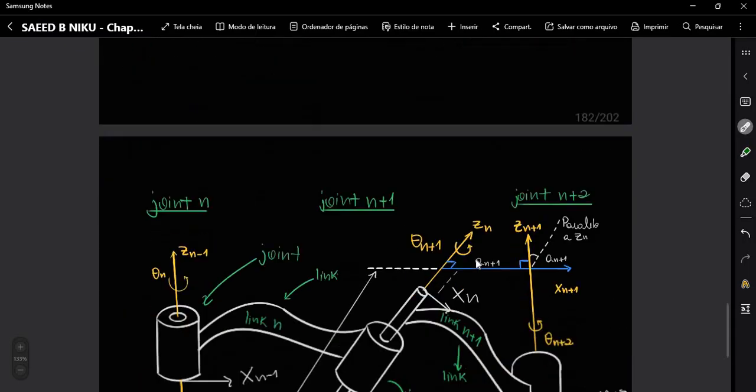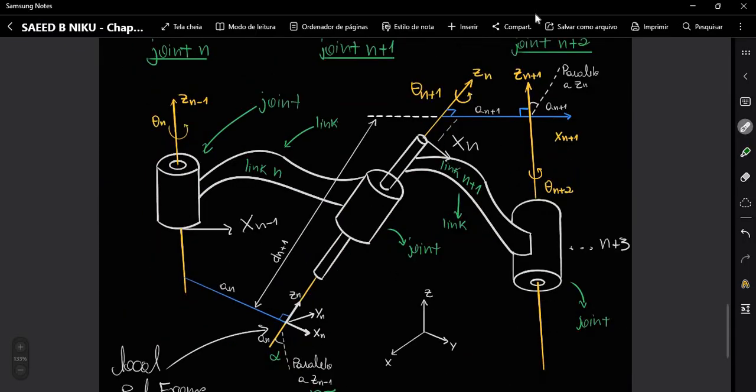Okay, we can notice this right here. This blue line, the an plus 1 normal, which is xn plus 1, is pointing in the same direction as this blue line, which is our common normal, an plus 1. And we can notice that they are parallel right here.